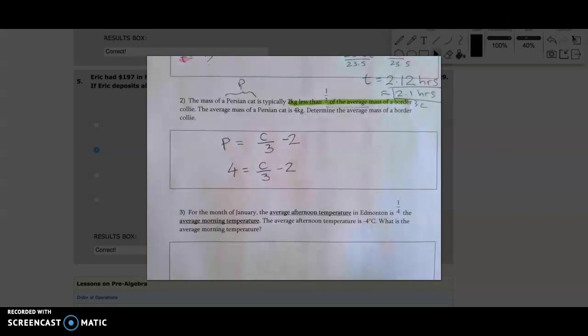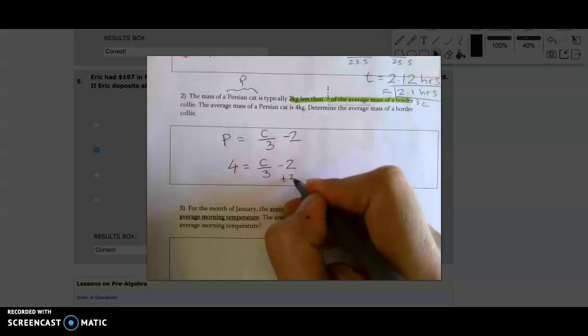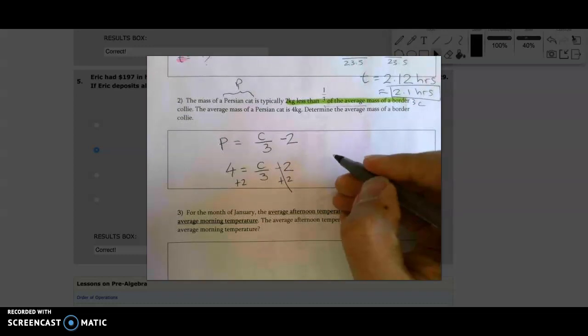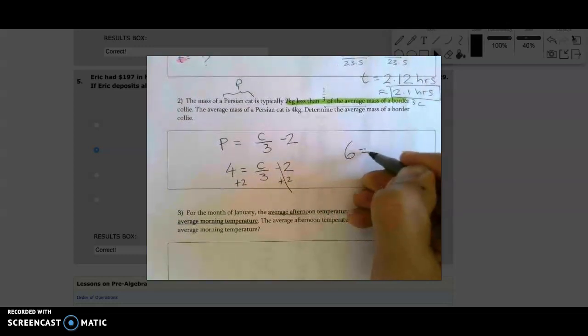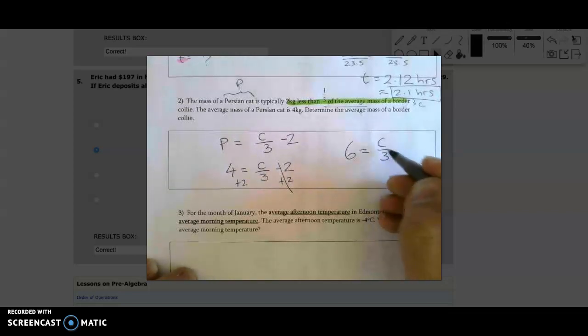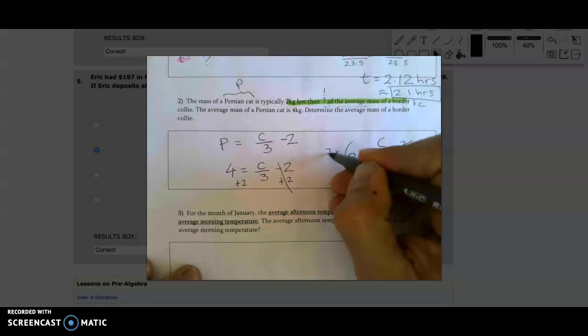Now, this one is a two-step equation, so my first step is to add 2 on both sides. This one goes away, and I should get 6 equals C divided by 3. Now, this one is division, so we're going to multiply by 3 on both sides. So multiply by 3, multiply by 3.